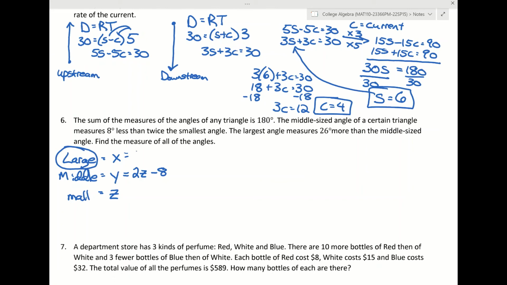So you could say Y plus 26, but we already know what the middle is, right? This is the middle. So what we could do is take that middle, 2Z minus 8, and add 26 to it.